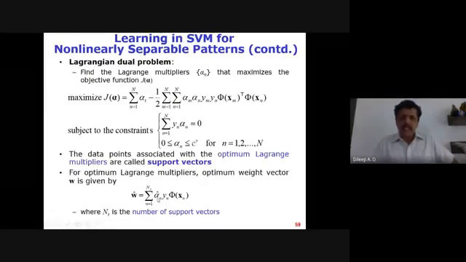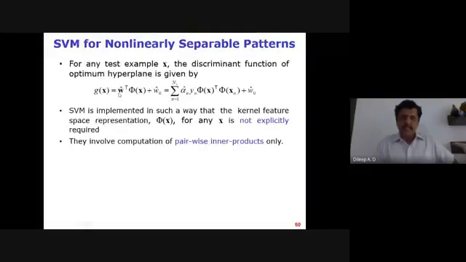For any test example x, it is first transformed to the transformed space. There we compute W transpose phi of x plus W naught. If you look into this, it is the inner product between the transformed test example and the support vectors in the transformed space.